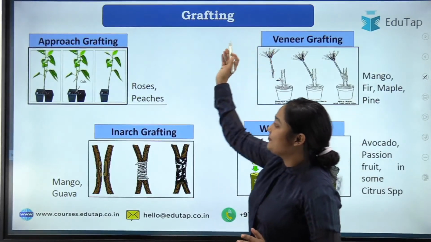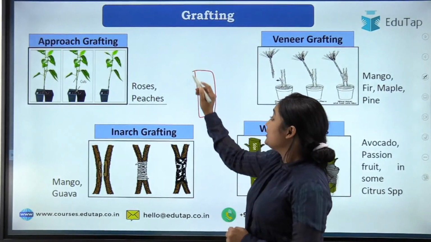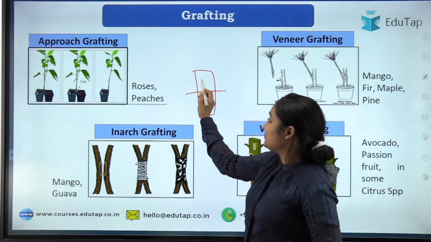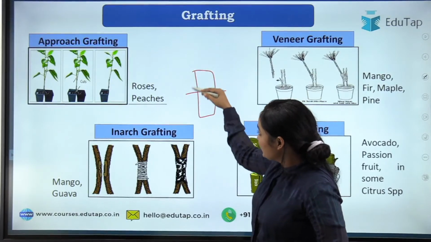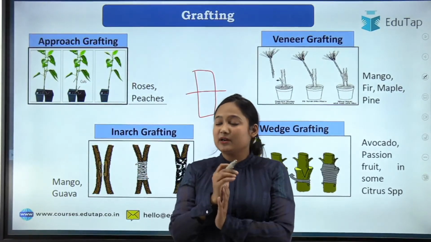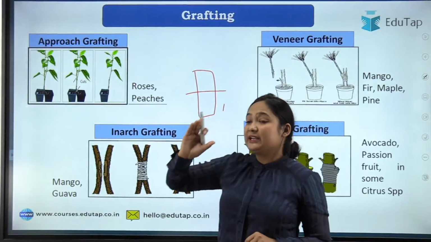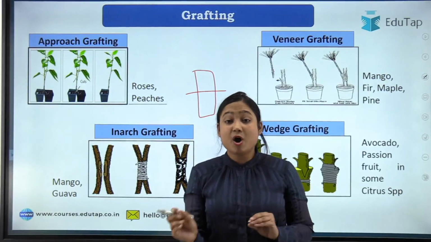So first of all, when we are talking about grafting, simply what we are doing: there is a plant. In cutting we are taking a similar plant and dividing it into two. Layering, we are taking a simple plant and dividing it into two. But suppose there is a plant that is very productive, gives a good number of fruits, but is very prone to diseases or pest attack.